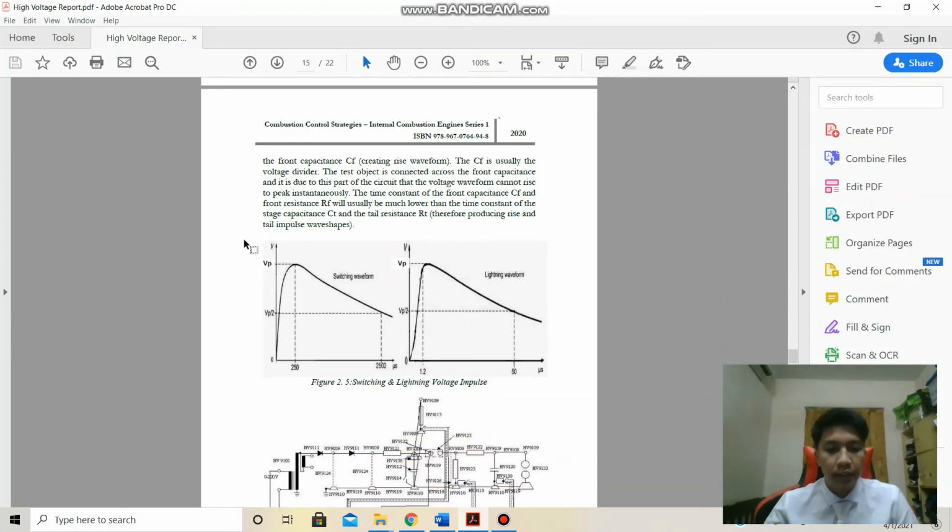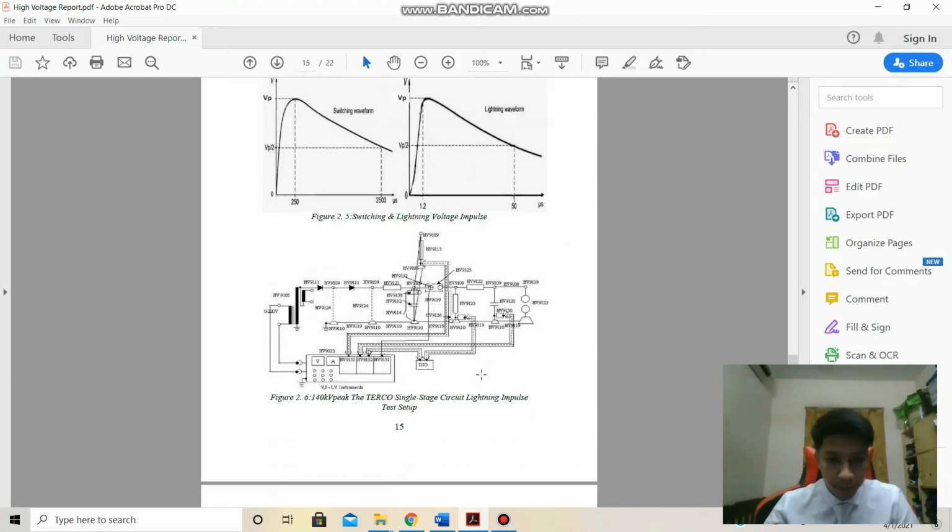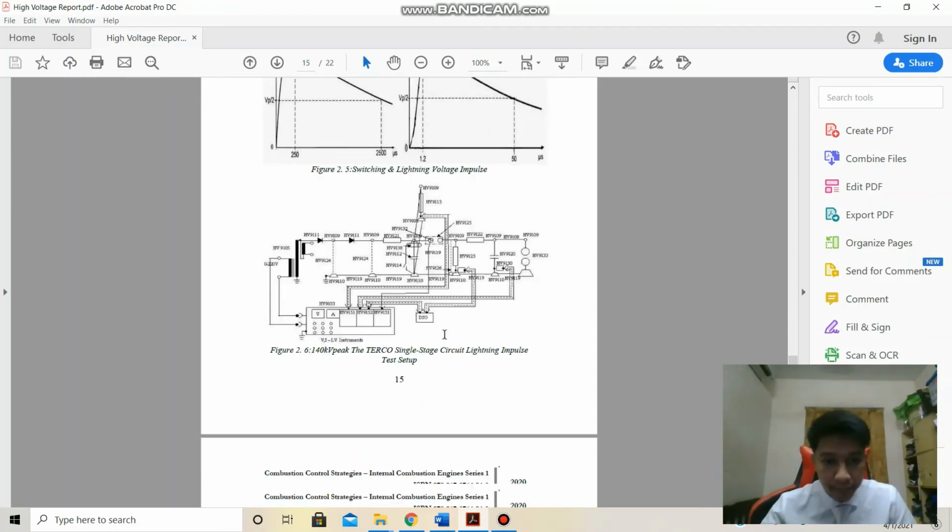You can see this in the figure. They have a switching waveform and the lightning waveform. This is the Terco single stage circuit lightning impulse test setup. This is set up at UTHM.